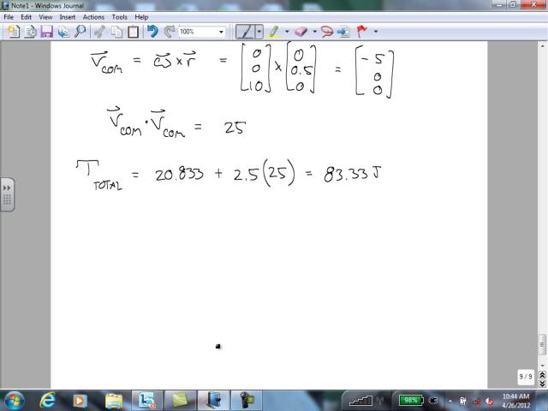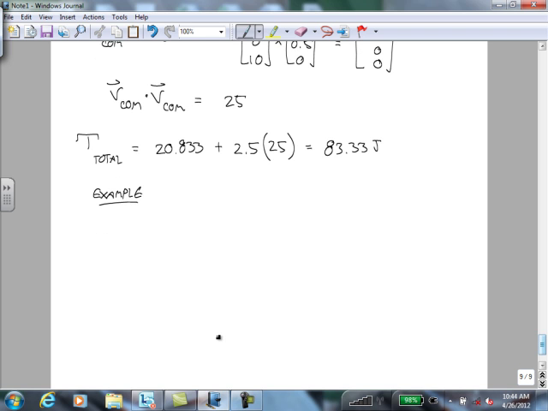So now, instead of just a single rigid body, say that we have a linkage. Okay.